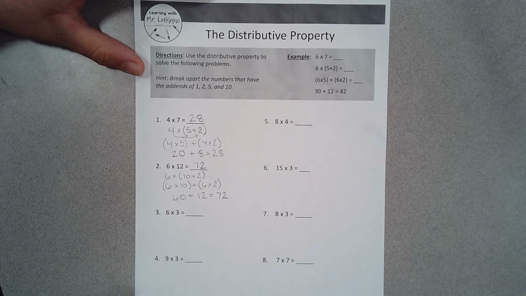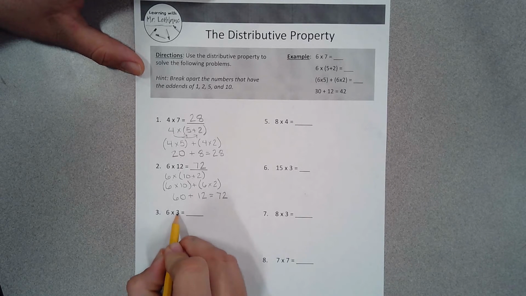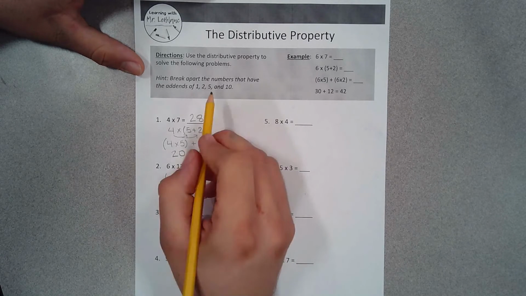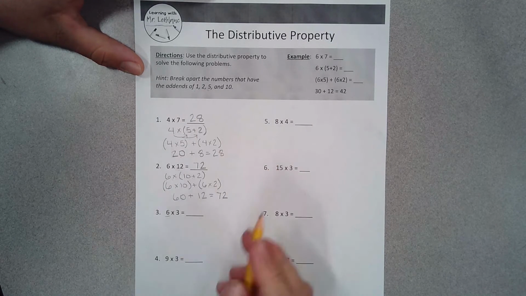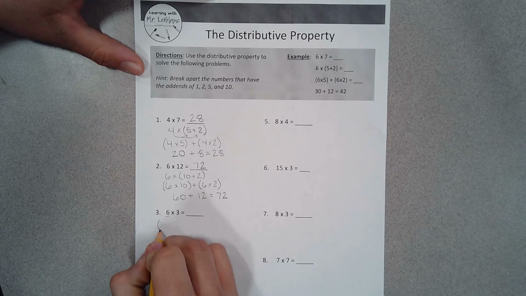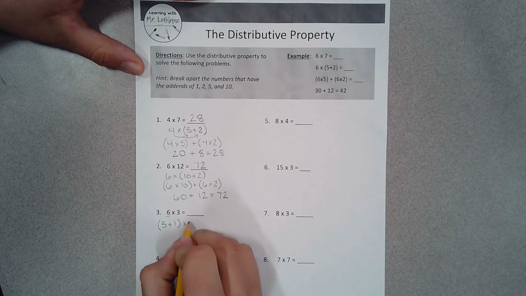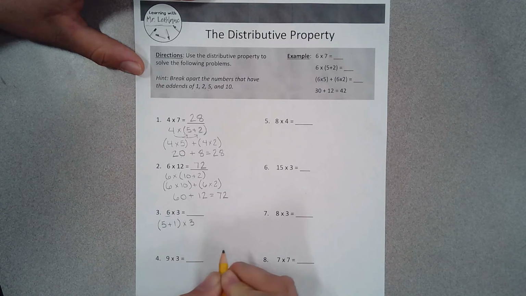Let's do one more. With 6 times 3, we're actually going to break apart this 6 here. And we're going to use the add-ins 5 and 1. So instead of 6, we're going to write 5 plus 1 and multiply that by our 3. We're going to bring that down.